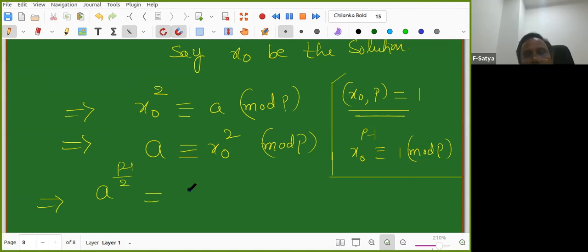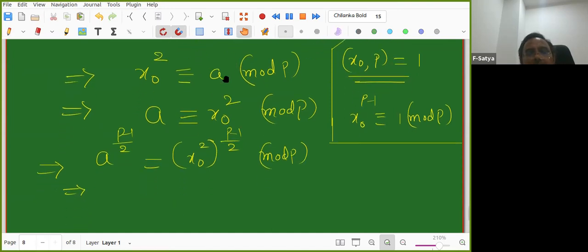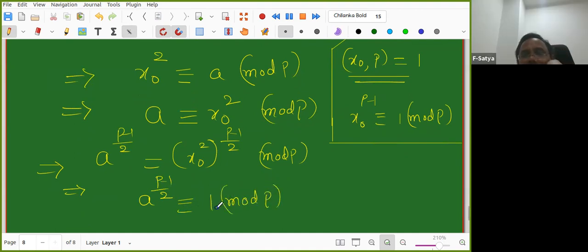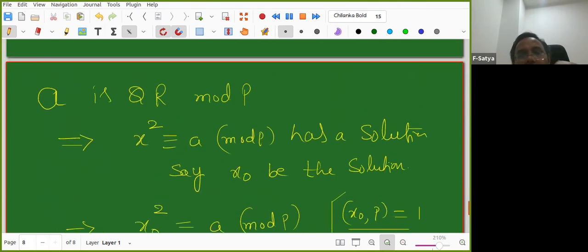A to the power (P-1)/2 is equal to x naught squared to the power (P-1)/2 modulo P. This implies that A to the power (P-1)/2 is congruent to 1 modulo P. We know that A to the power P-1 is congruent to 1 modulo P, but A to the power (P-1)/2 congruent to 1 modulo P comes provided A is a quadratic residue.